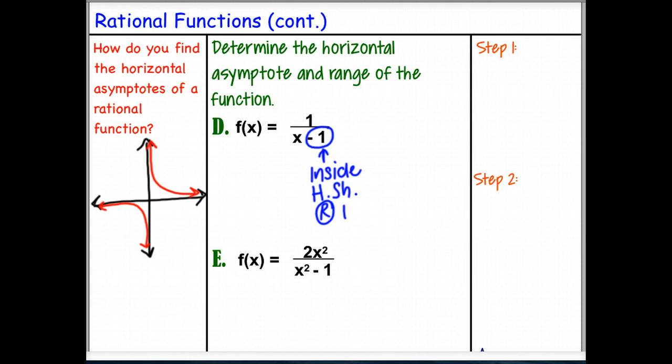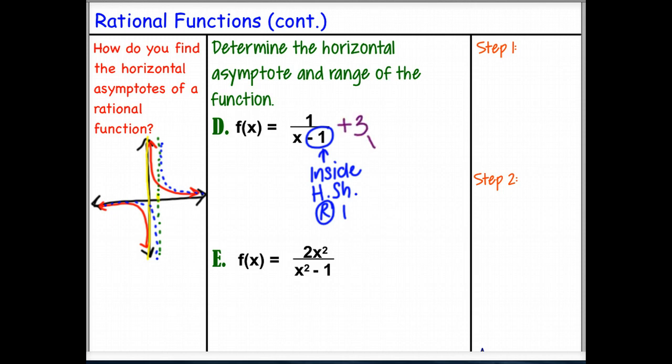What that means is it takes our whole graph, including this vertical asymptote, and shifts it over 1 unit, which means that my vertical asymptote will now be here with a graph which is now here.